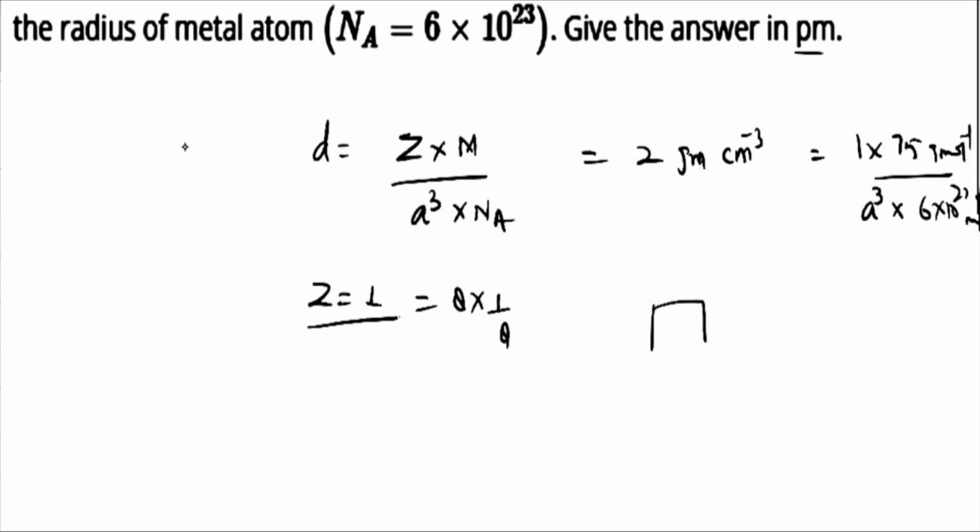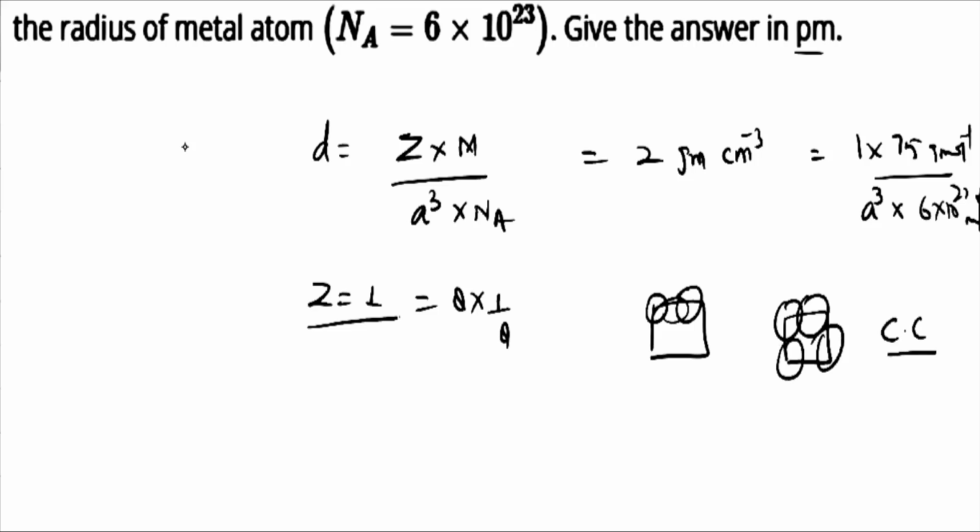So if this is your simple cubic lattice, then a is 2R. If R is the radius of the sphere, then 2R is equal to 5 angstrom.